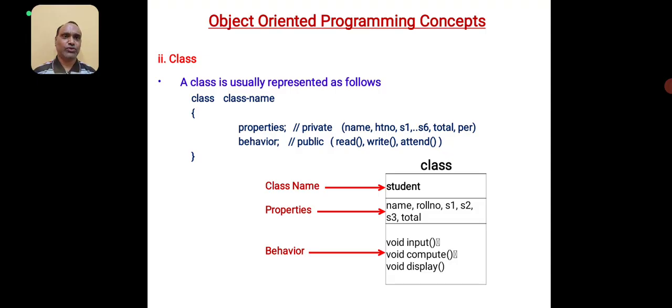In the second sub box we have represented the properties of the student, that is name, roll number, and marks in subject 1, subject 2, subject 3, total marks, and percentage if you need it. Then the actions performed by the student, like read action, write action, attend action, input, compute, display student details. These are the actions done by the object. So this is how a class structure is represented.